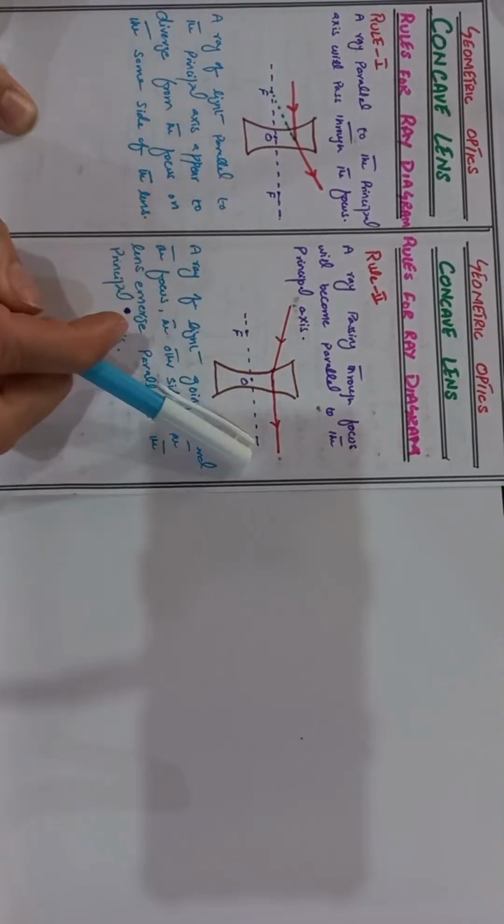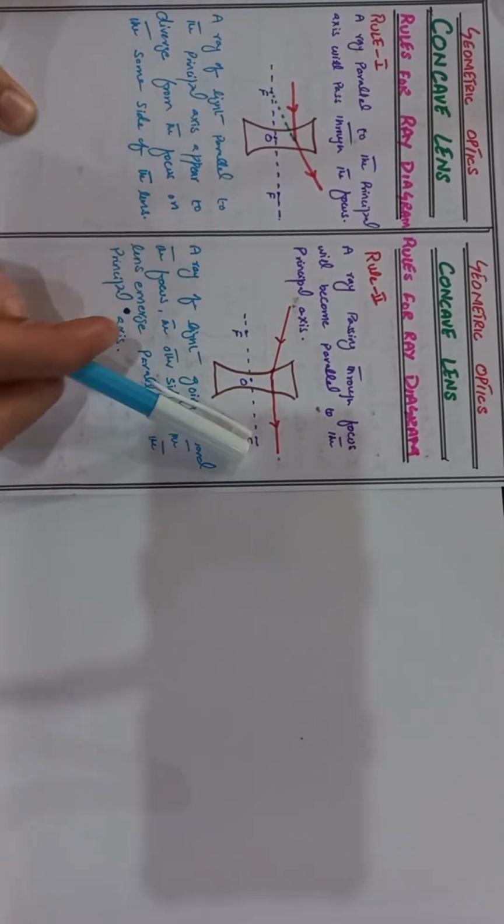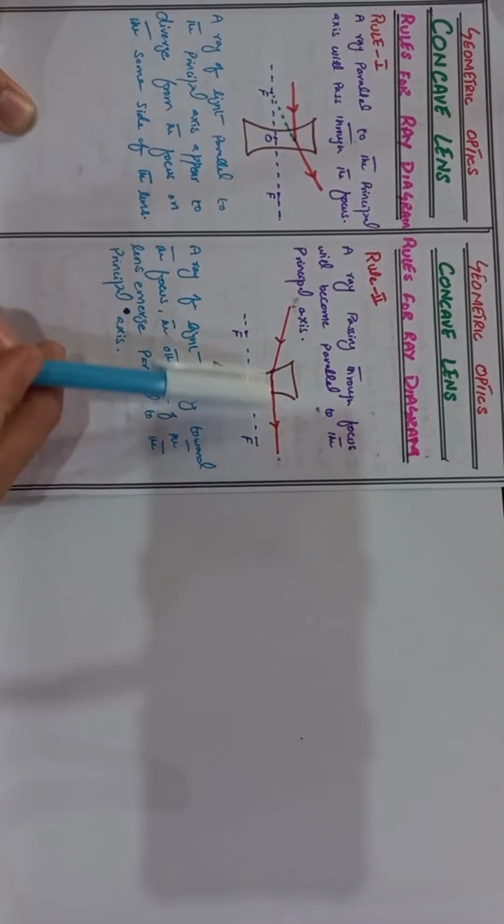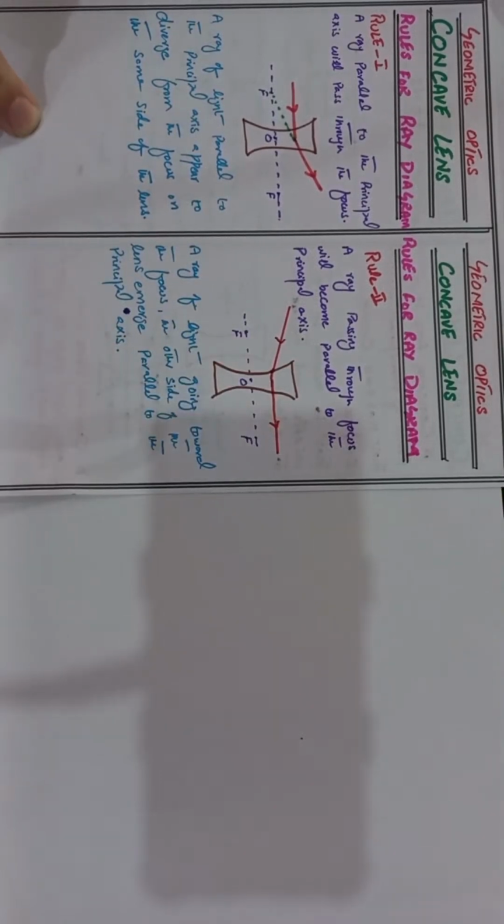That is the second rule we use in the concave lens. When the ray passes through the focus of the concave lens, it becomes parallel after passing through the concave lens. Okay, now we discuss the third rule.